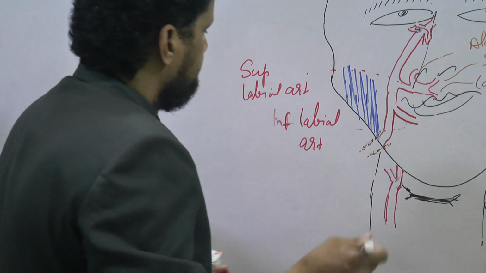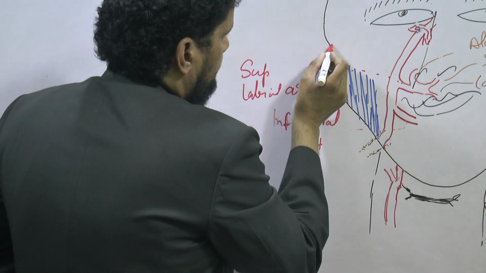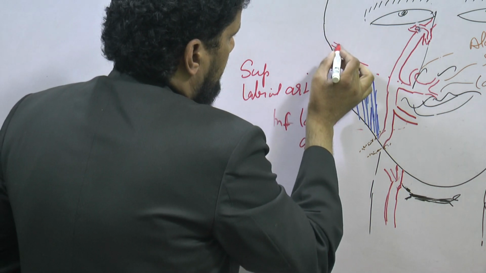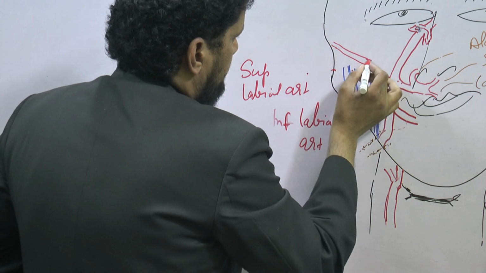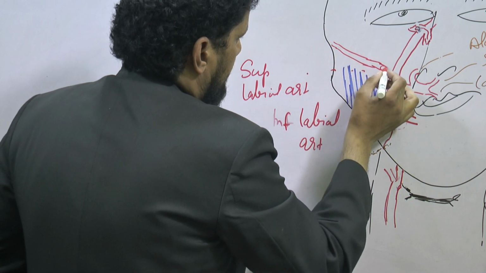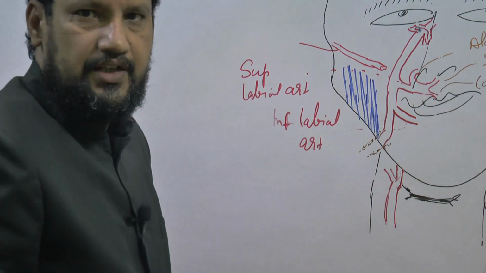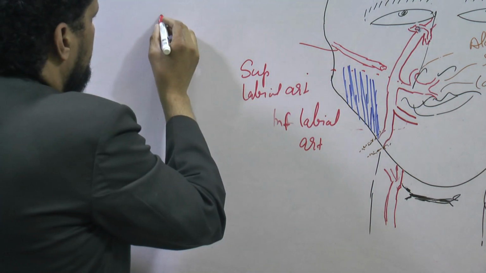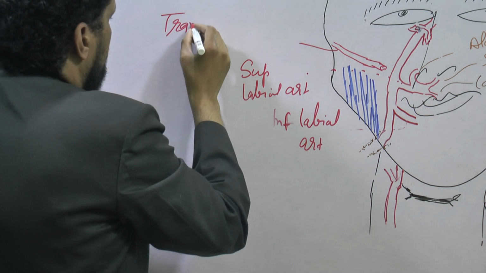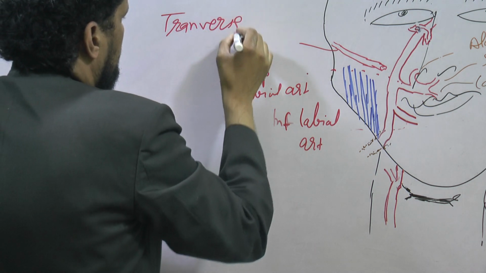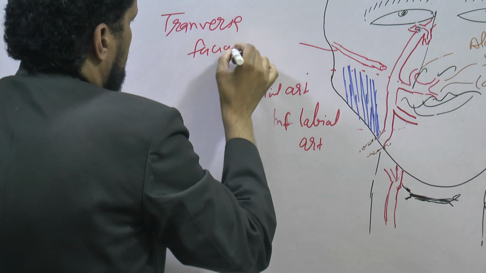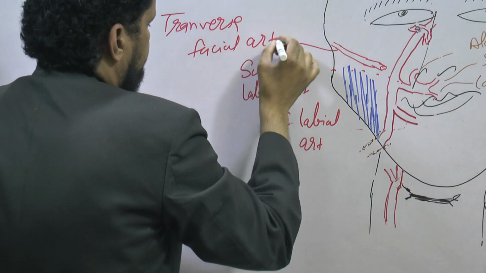One more artery which is coming from this side, running between the parotid duct and the zygomatic arch, is the transverse facial artery.